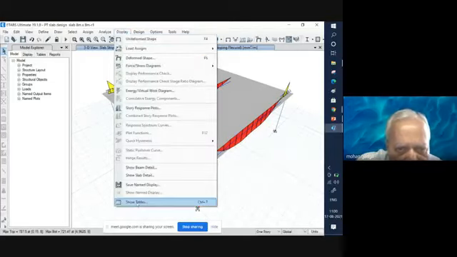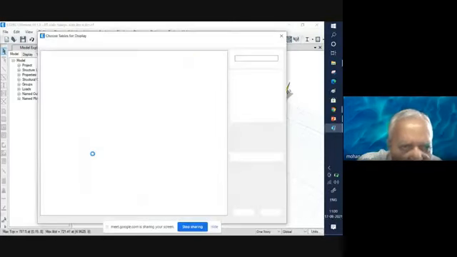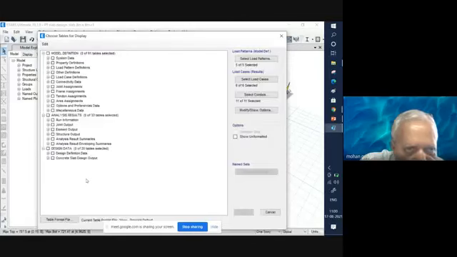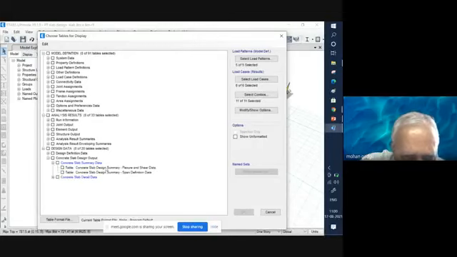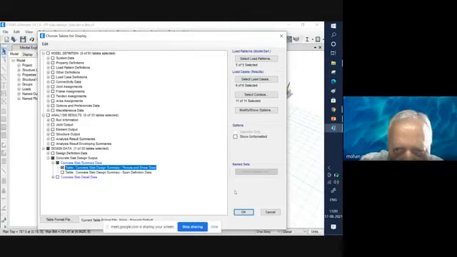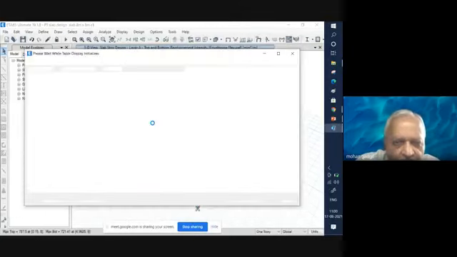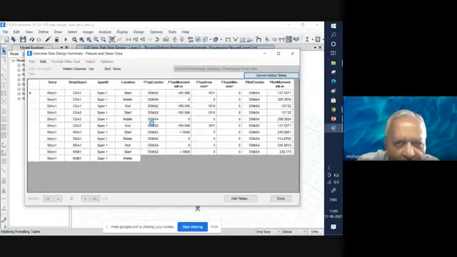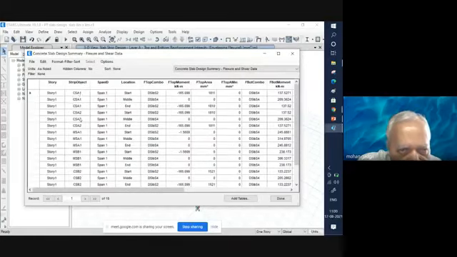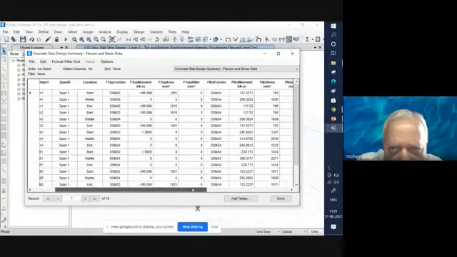As far as the tabulated results are concerned, you can see over here this concrete slab design output. You can see for each of the strips that you are considering, for each span, the bending moment is available.